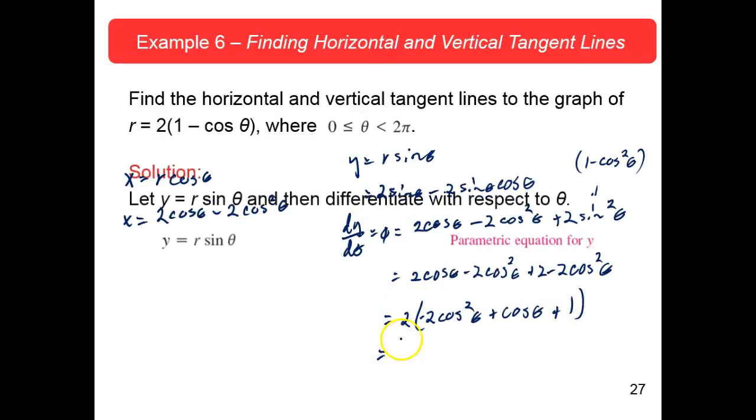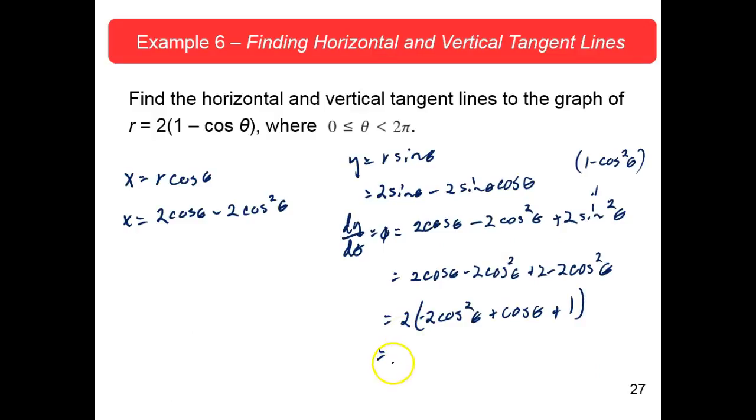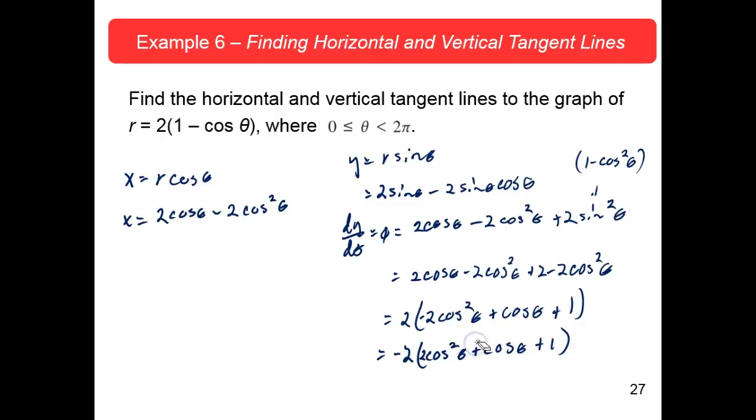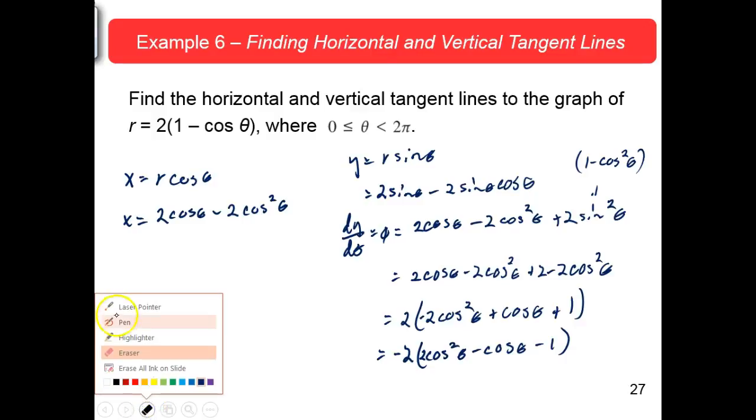I don't like leading off with a minus, so yuck. Let's do it. Minus 2 times 2 cosine squared theta, plus cosine theta, plus 1. Yeah, you're right. Those are minuses, aren't they? Okay, you're absolutely right. That's what I meant to do, but I got carried away.